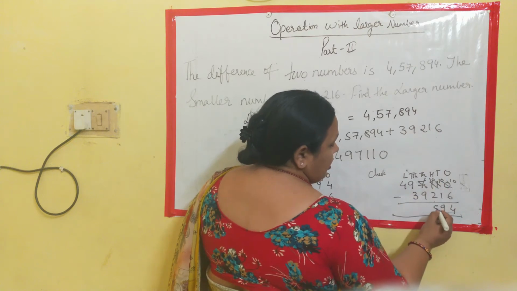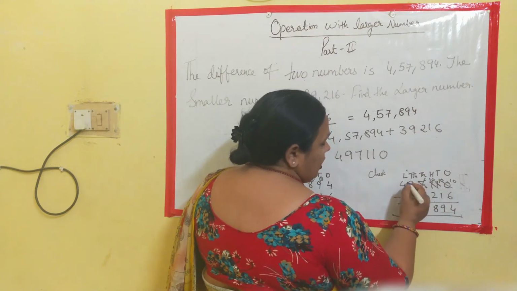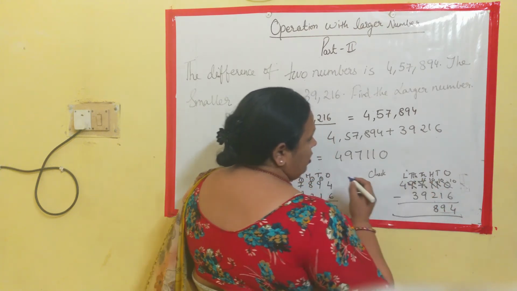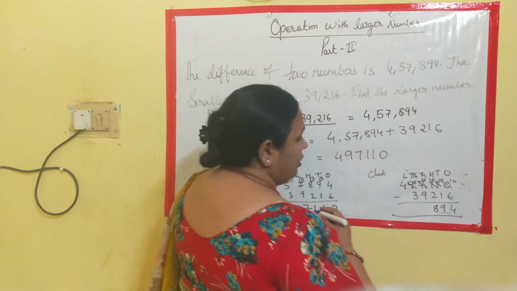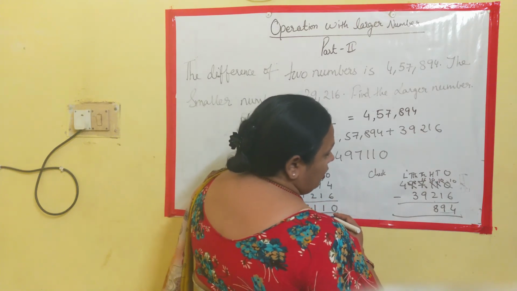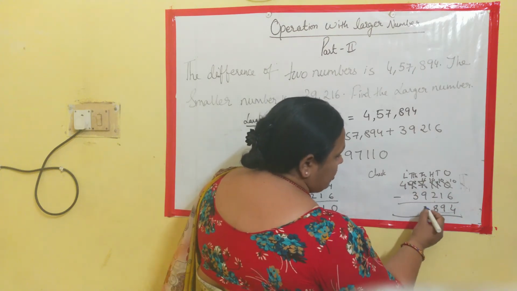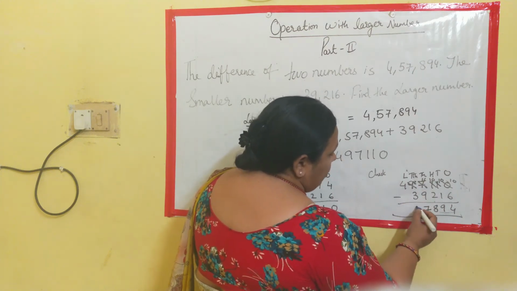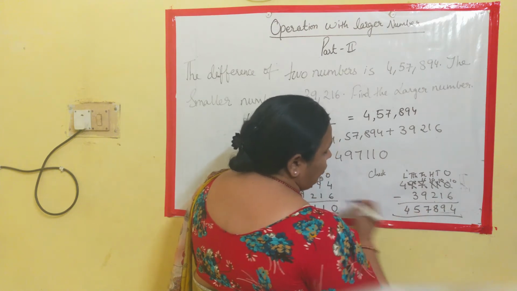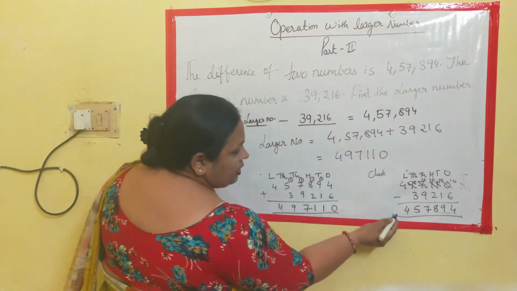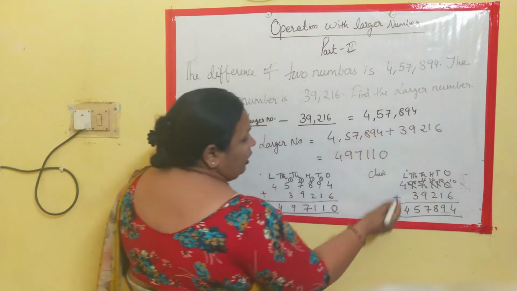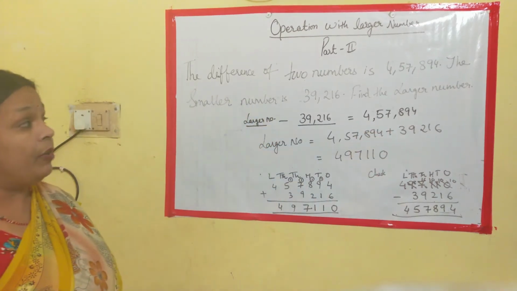This is 10. 10 minus 2 is 8. 6, again take a borrow here. 16 minus 9 is 7. 8 minus 5 is 3 and then 4. So we are getting the resultant here. So we can check our answer also after solving.